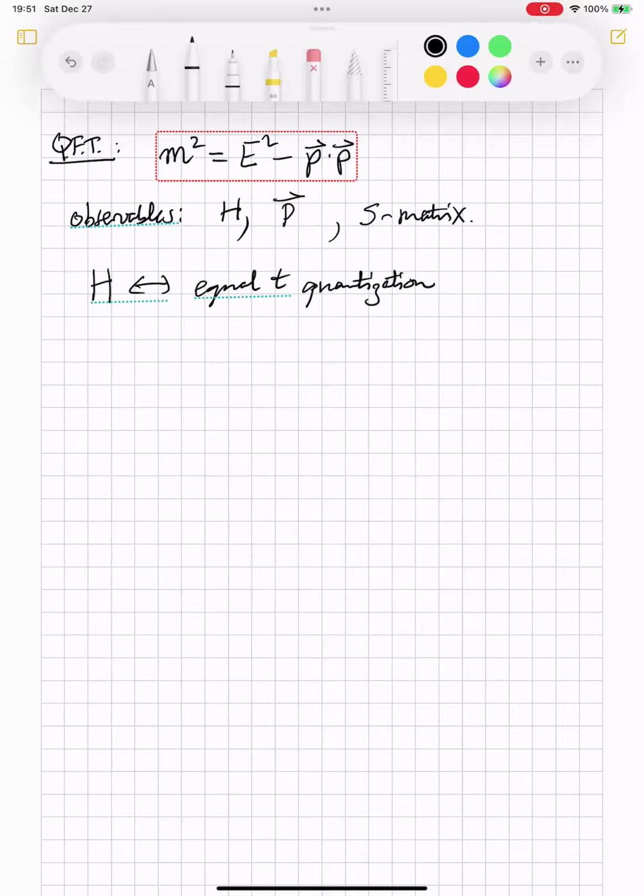Those all sit on one leaf inside the quantization, and the Hamiltonian generates transformations between the different leaves of the foliation. It lets you go from one equal time surface to another equal time surface. So that's just a few comments about quantum field theory.